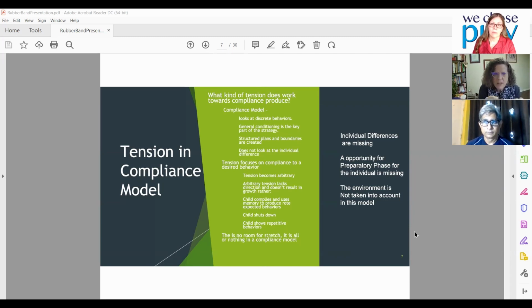The tension that is put into a compliance-based model focuses on compliance to a desired behavior, not on the general learning of the experience.